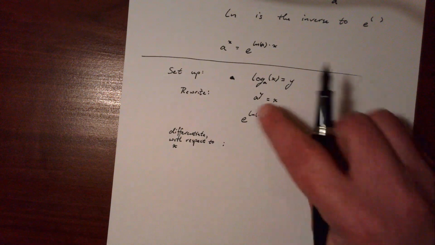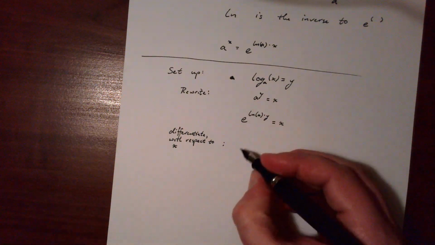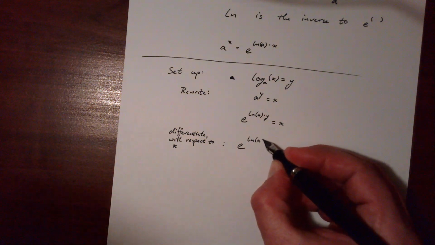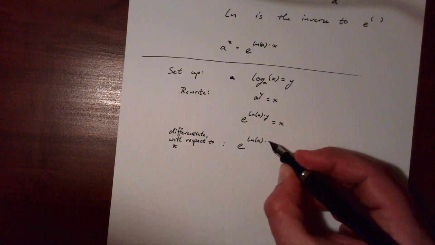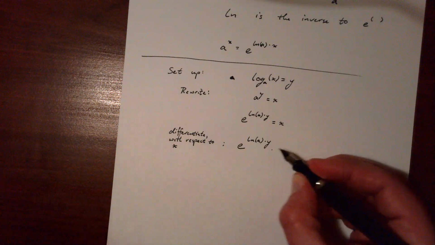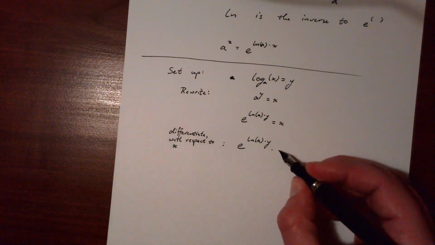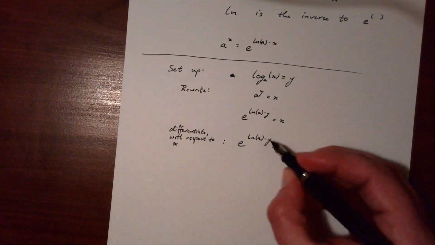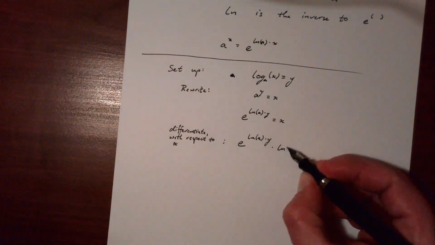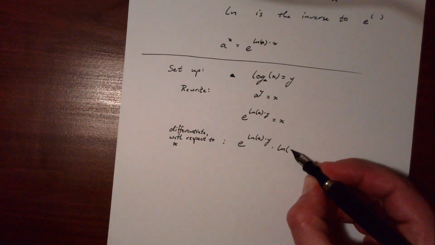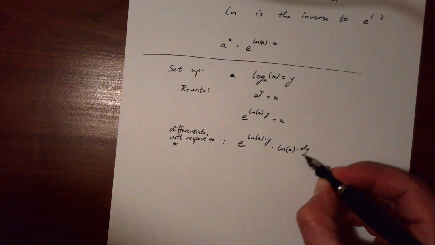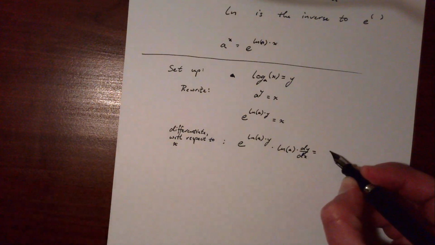So what do we have here? We have e to the blank. So the derivative of that is just going to be e to the blank, but then times the derivative of the inside with respect to x. So that's going to be a constant still, just coming forward, times dy dx.